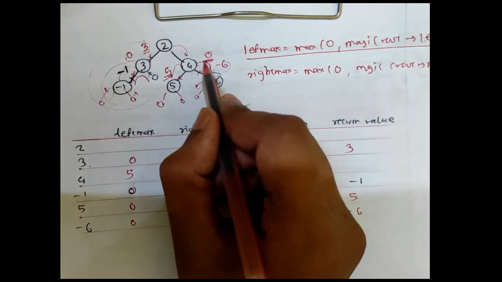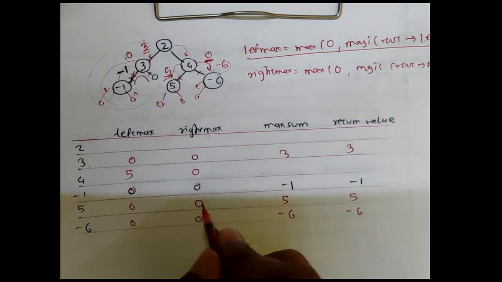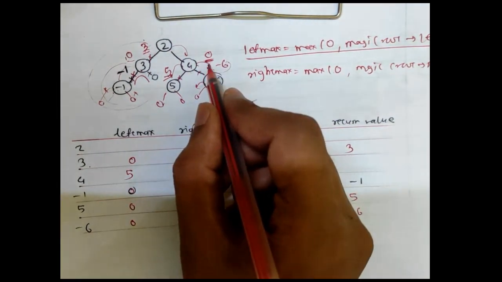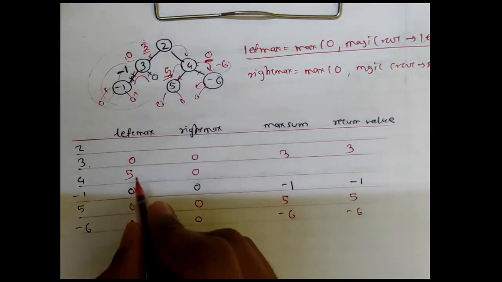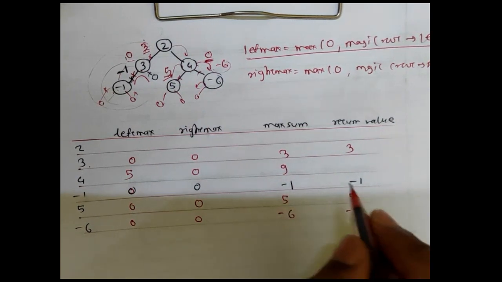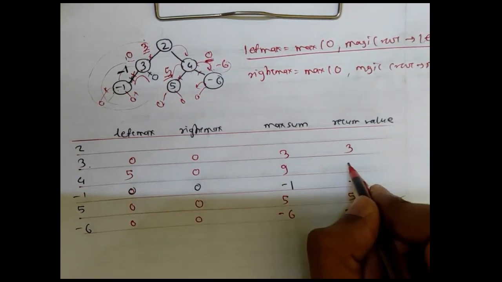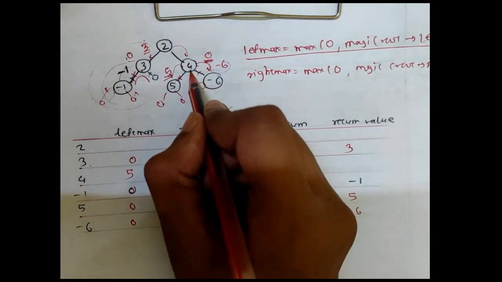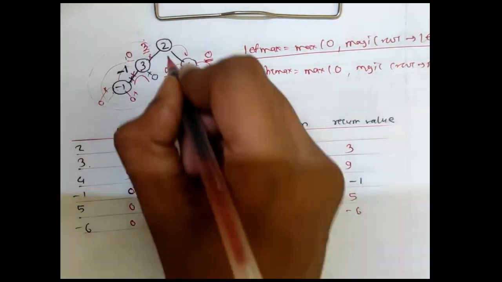So for the 4, the right max is 0. The maximum sum will be 4, 5 and 0, which is 9. And the return value will be the maximum of the 2 plus the root's value, which is 9. So this is returned.